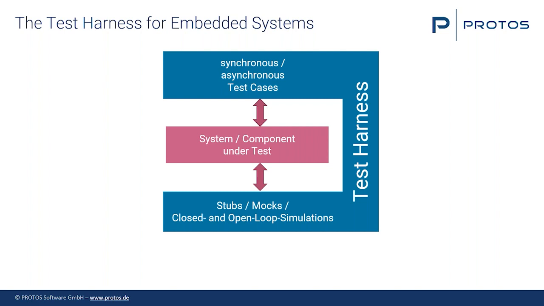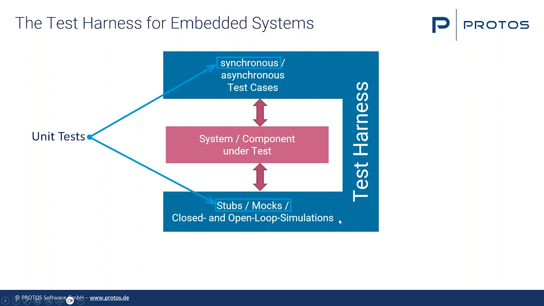So for example, if you have a C component you want to test, yes, you call your functions, but at the other end of your C component, you have a lot of includes and a lot of functions that are called by this C module, and they need to be there, because if not, it doesn't even compile. So you need stubs and mocks, and on top test cases, and on the bottom stubs and mocks to satisfy the interfaces. That's for a unit test.